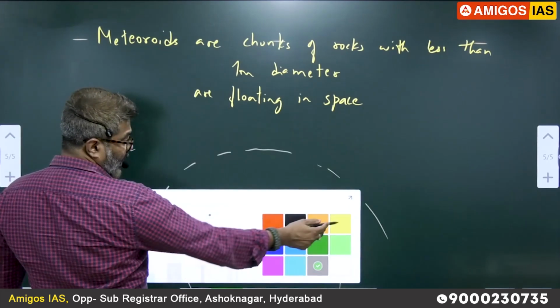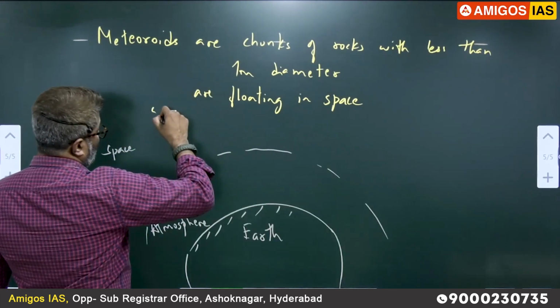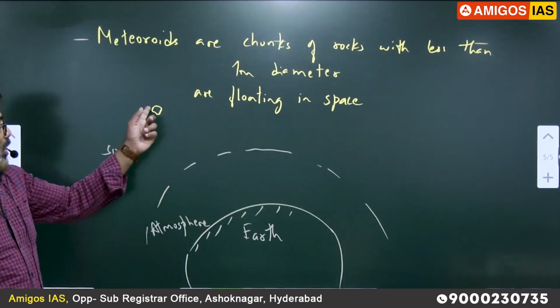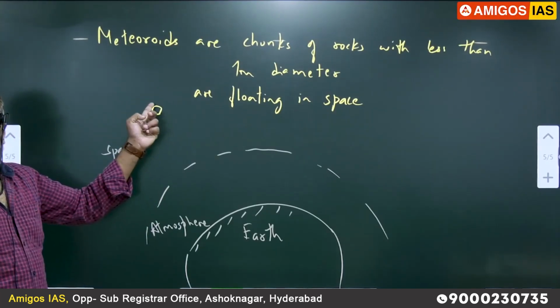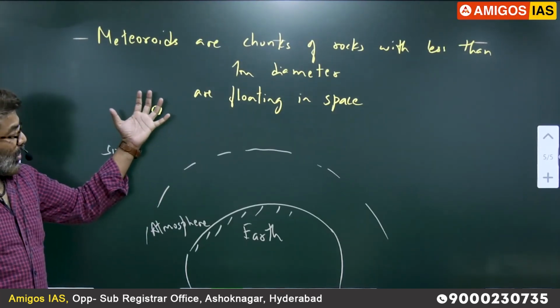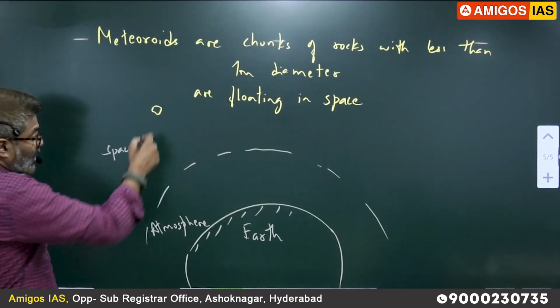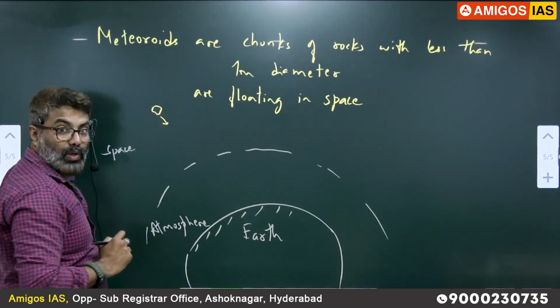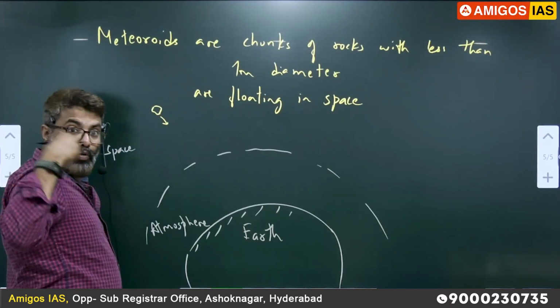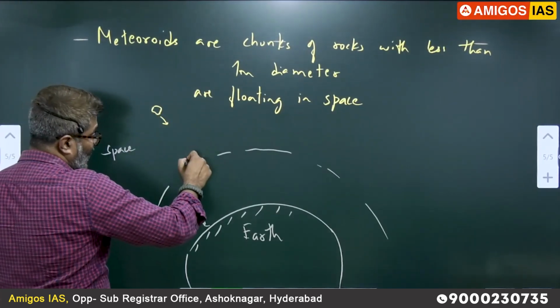Let's say there is a meteoroid here. It is pulled by the Earth's gravity. What happens? It comes towards Earth at a very high speed.